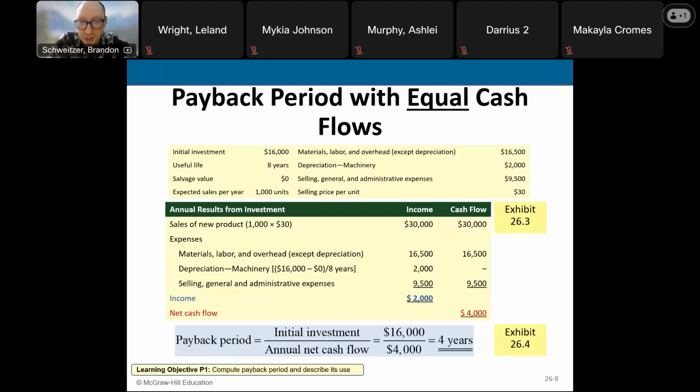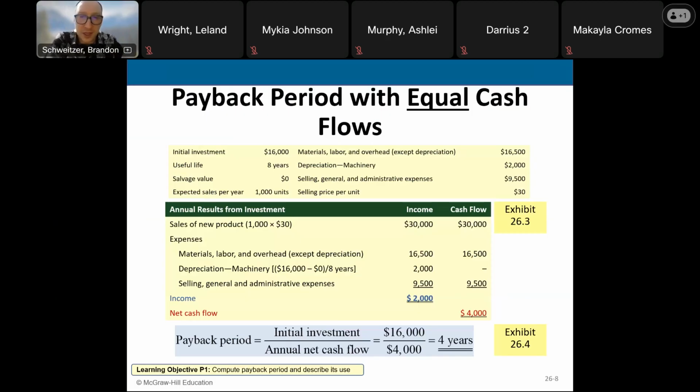Remember, depreciation is the value of the machinery, and it depreciates in value over time because it loses its useful life. As it loses its useful life over time, we consider that depreciation in value. It's not cash, not the same as cash.